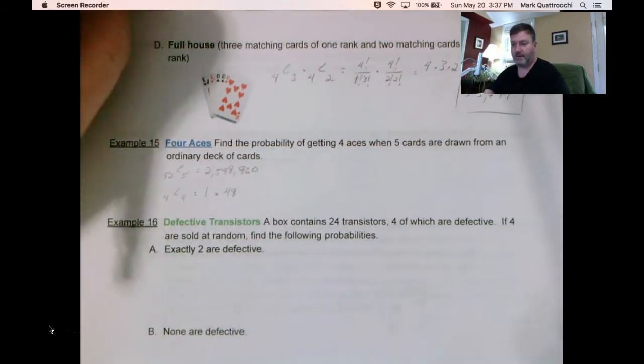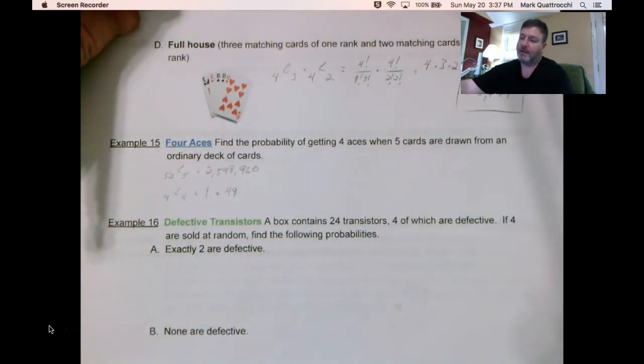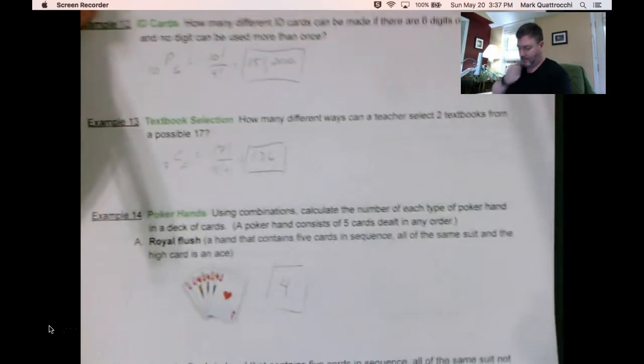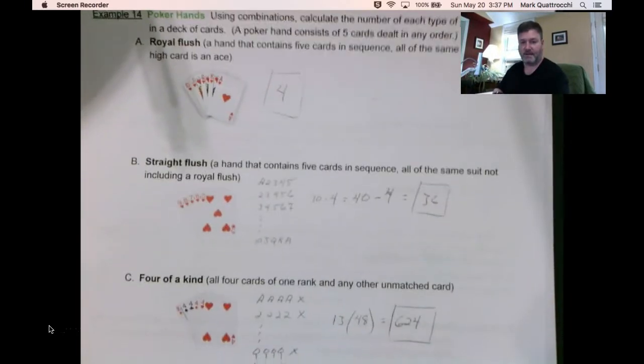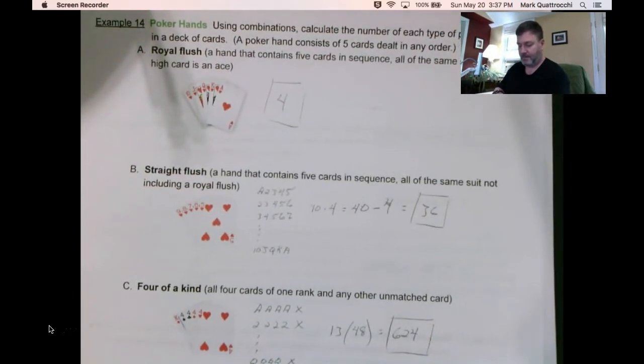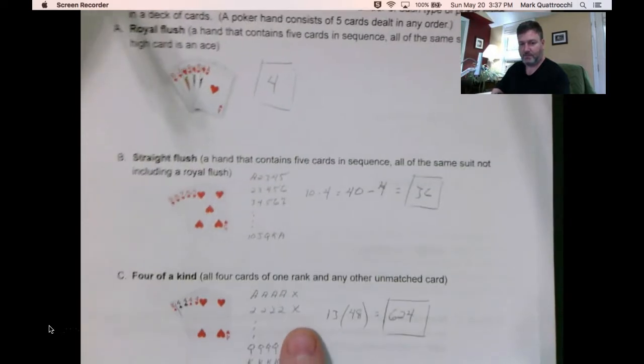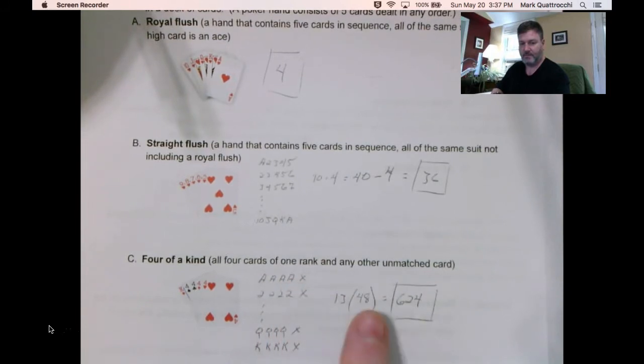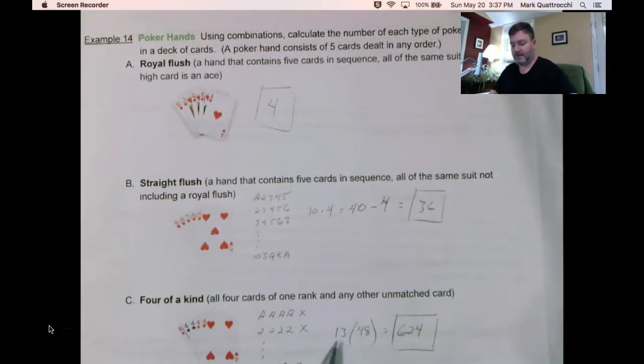We found this when we were looking at 4 of a kinds on the back side here, that there were 48 possible fifth cards to go along with our 4 aces. Okay, so in this case it would be 1 times 48 instead of 13 times 48 because we're only looking at the 4 aces.